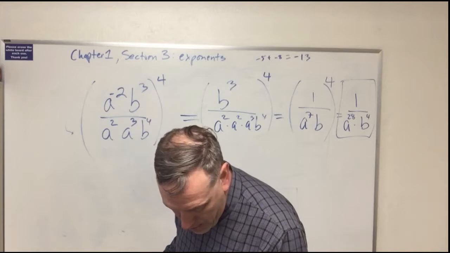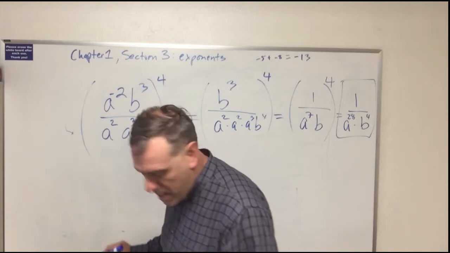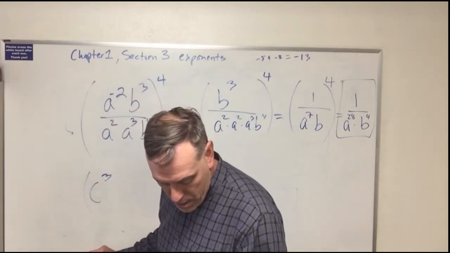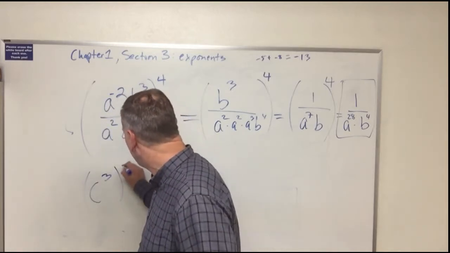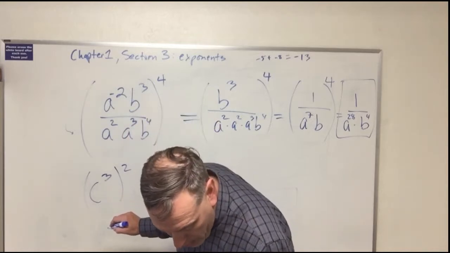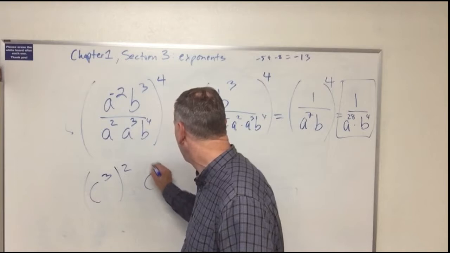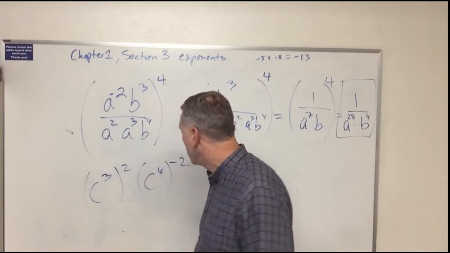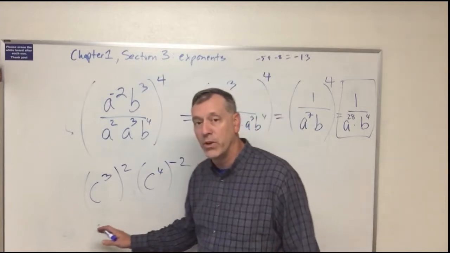We have c cubed, all of that squared, and then we have c to the 4th to the minus 2. So we're told in the book that we should simplify this.